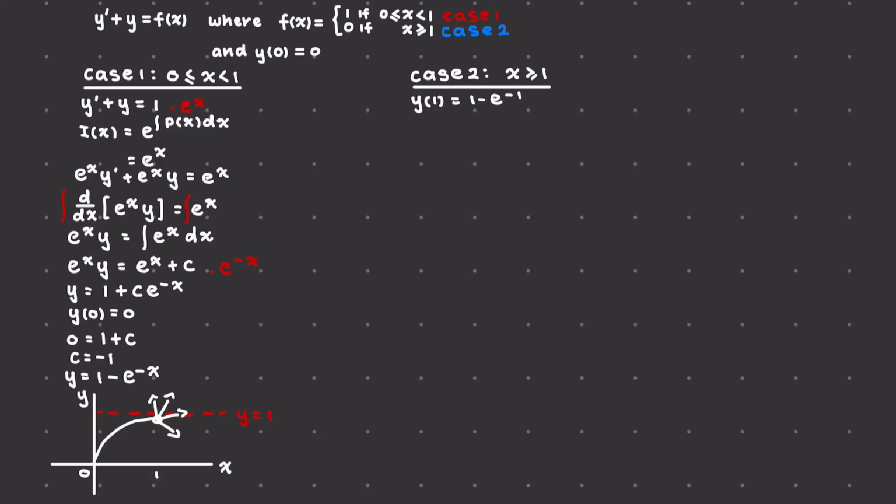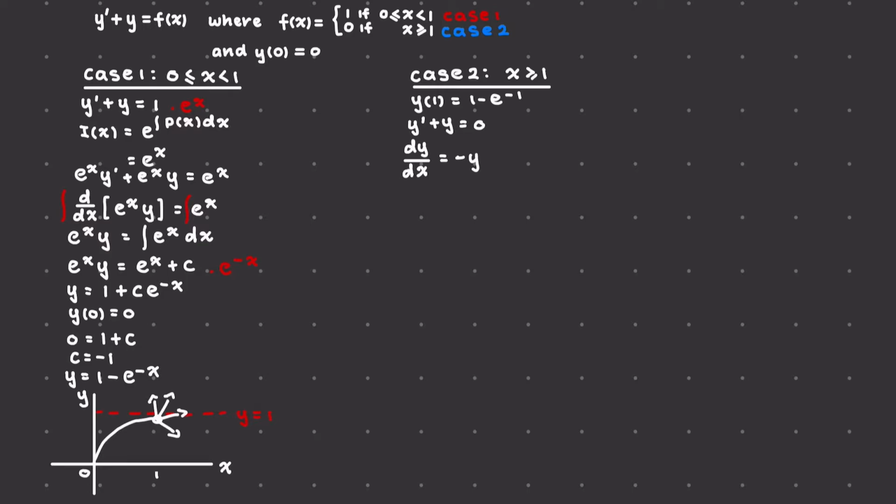And so solving our differential equation y prime plus y, again for case 2, equals f of x, and for our case 2, f of x here is just 0, so it's not 1, it's 0 now. And if I rewrite the differential equation into this form, you'll see clearly that we can use the separable method to solve it more easily.